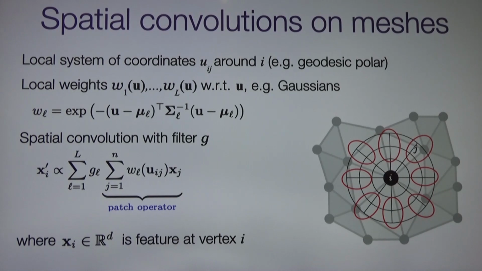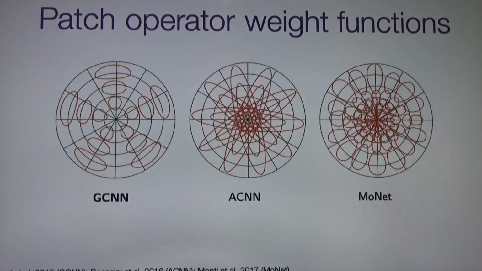You define a number of locations around the vertex like this, and this is your local neighborhood for the vertex. And then it now has meaningful features, and it now has regularity. So this is one way of going about the spatial convolution here.